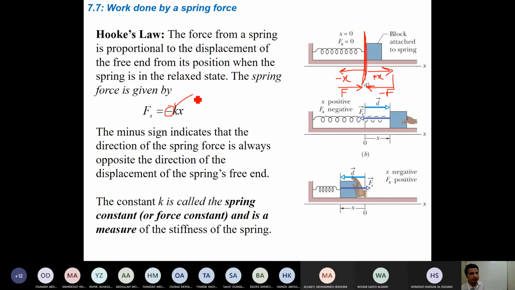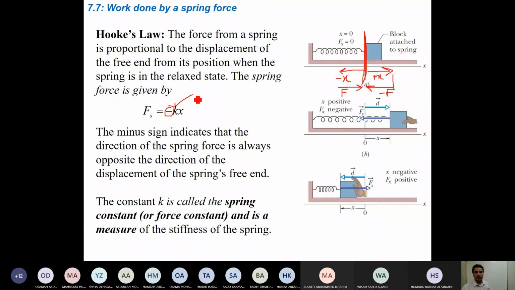So far in Newton's second law, we used F equal to ma, and we said the mass of the object does not change and the acceleration is constant, so all the time the force used to be constant. But the spring force is not constant. It depends on the position of the block. So it is a variable force. Now this is the first time we are dealing with a variable force.